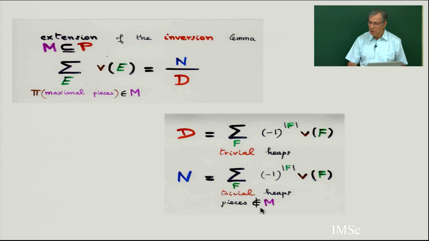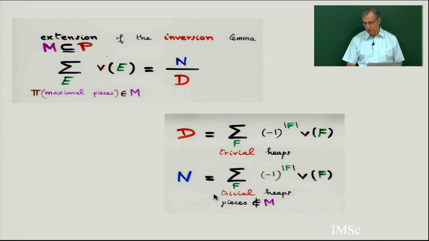So V of the empty heap is always 1, by convention. This is very important, because when you multiply a heap by the empty heap, which is the unit element of the heaps monoid, it's equivalent to multiplying by 1 in the polynomial or the power series.